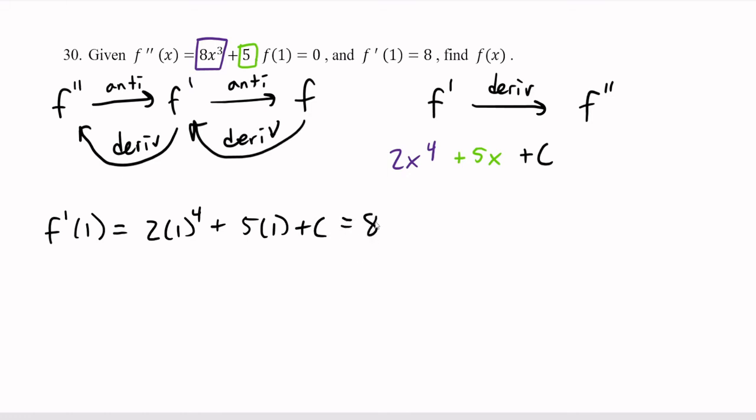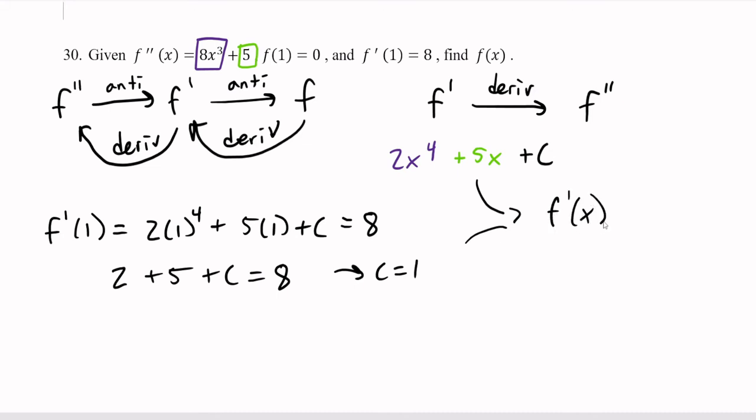That's equal to 8. Okay, so that's what? 2 plus 5 plus c equals 8. So that's c equals 1. So then this plus this come together to give me that my specific f prime for this problem is 2x to the 4th plus 5x plus 1.